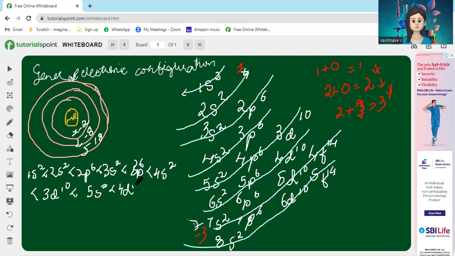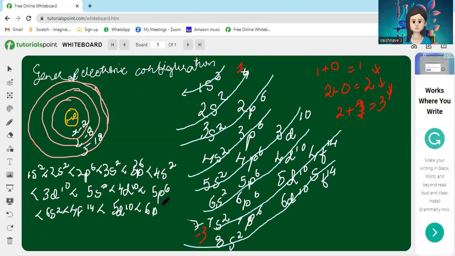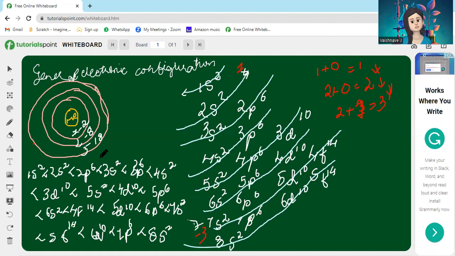So 4d10 is lesser than 5p6, and 5p6 is lesser than 6s2. 6s2 is lesser than 4f14, then 4f14 is lesser than 5d10, then 5d10 is lesser than 6p6, 6p6 is lesser than 7s2, then 7s2 is lesser than 5f14, and 5f14 is lesser than 6d10. Then 6d10 is lesser than 7p6. And at last, after 7p6, 8s2. Done. So this is the order.